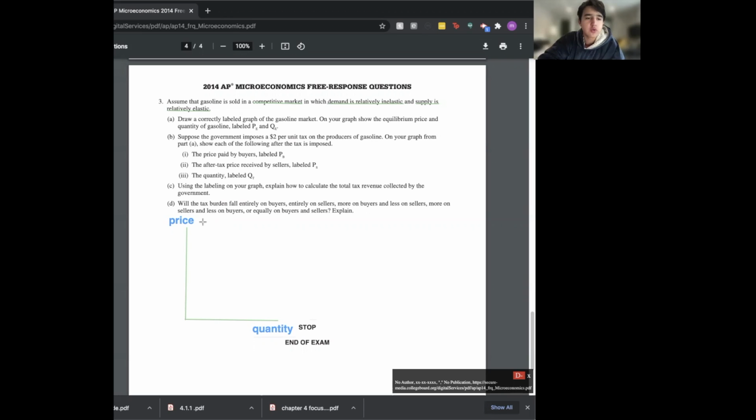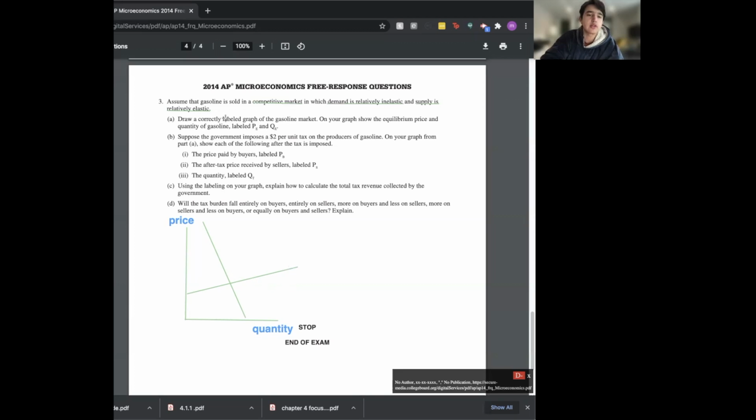So the demand curve would be something like this, because it is very steep, but it is not perfectly vertical. And then the supply is relatively elastic, which means that the price has to stay at around the same area or else suppliers will not supply. So that graph would look something like this. You see, it is a rather small slope, yet it is not perfectly horizontal because it is not perfectly elastic.